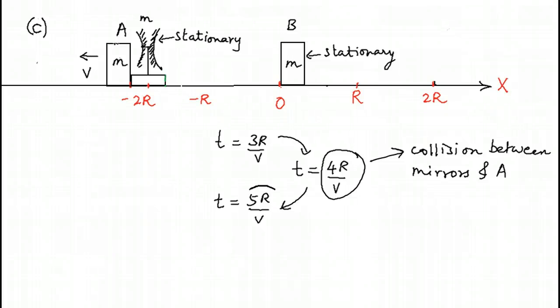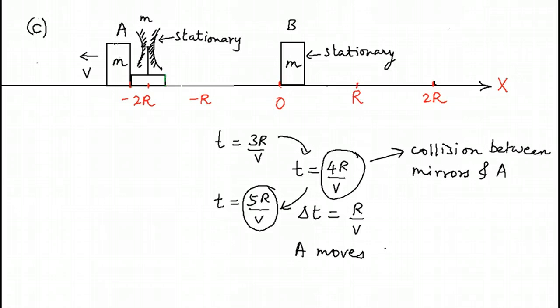Now what happens at t equal to 5r by v is that a time interval of delta t equal to r by v will have elapsed since this particular picture was taken, and so although the mirror system remains permanently at rest, the block A will have moved in this given time interval left by a further distance of its velocity v multiplied by delta t, that's r by v.